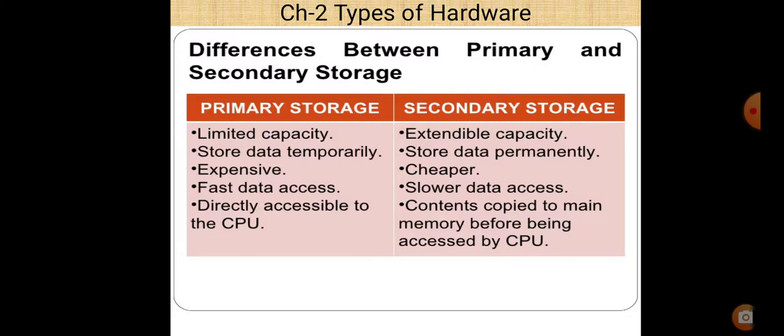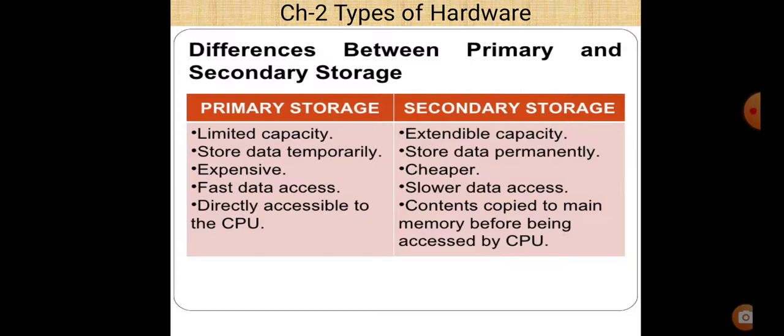When we talk about slower data access, it means read and write operations regarding memory. So secondary storage takes more time as compared to primary memory when we perform read and write operations. Next is expense. Primary storage is much more expensive as compared to secondary storage.